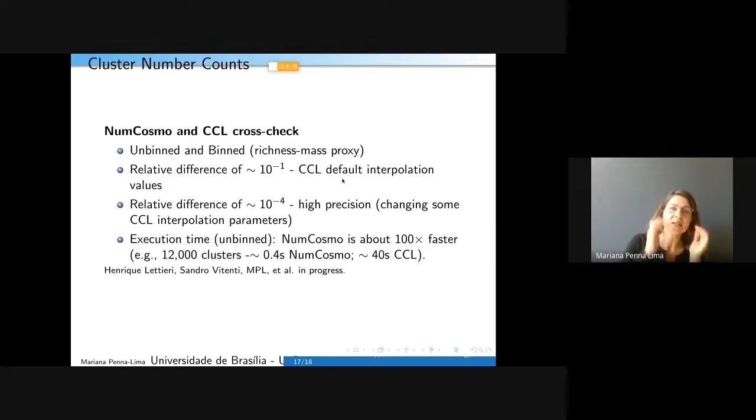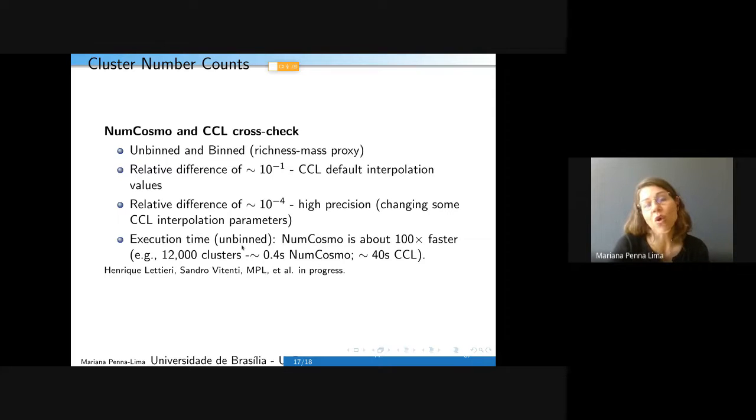So if you increase the number of nodes, for example, and change some CCL interpolation parameters, we obtain a better precision, 10 to minus 4. It's the example we are considering right now.